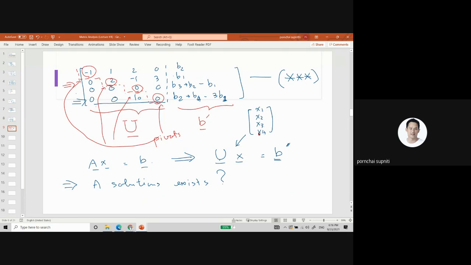So what am I going to have on the left-hand side? If I consider line 4, I have 0 times X1 plus 0 times X2 plus 10 times X3 plus 0 times X4, okay?